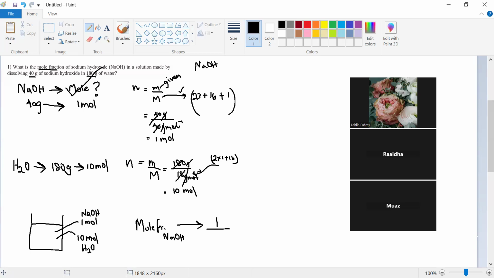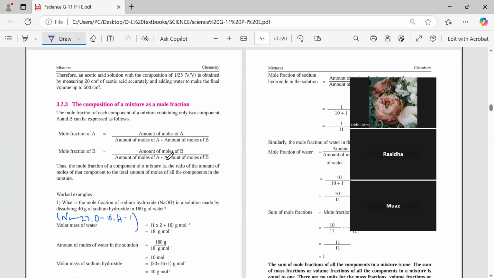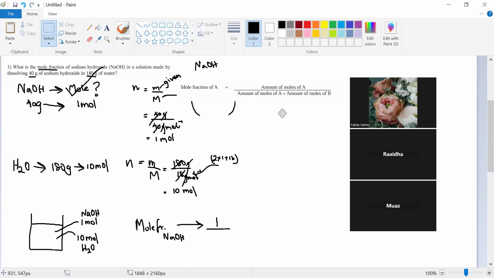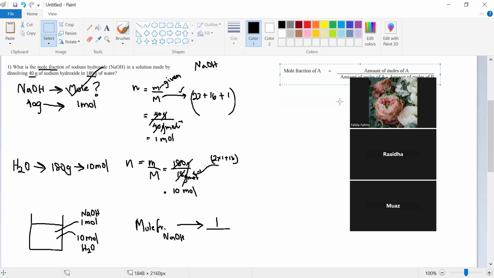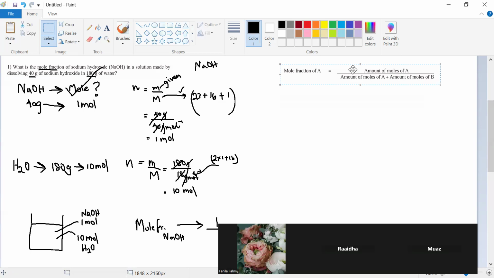In order for you to find the mole fraction, let me show it to you. Look at this equation. The mole fraction of A is equal to the amount of moles of A divided by the amount of moles of A and B, so the total number of moles.